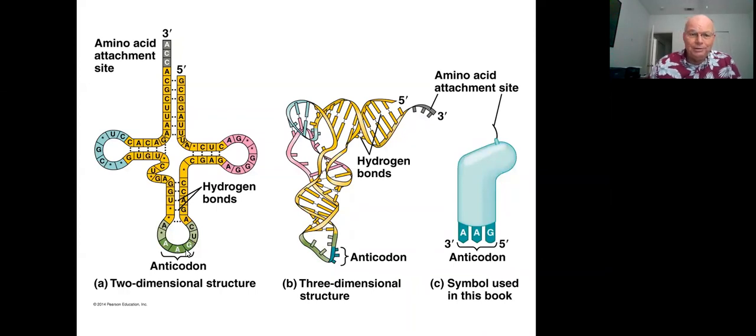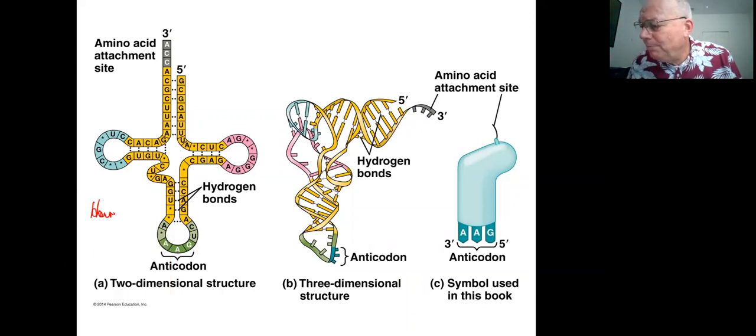They are, after all, an RNA molecule. Because there is a certain degree of base complementarity, base pairs form, and that causes the tRNA to fold into this structure called a hairpin loop structure. It's very characteristic of the tRNAs.